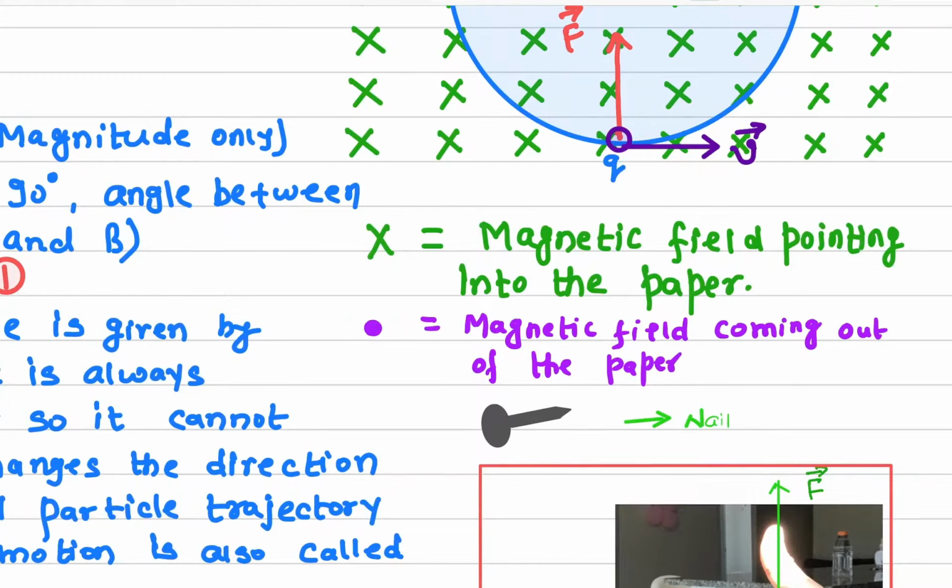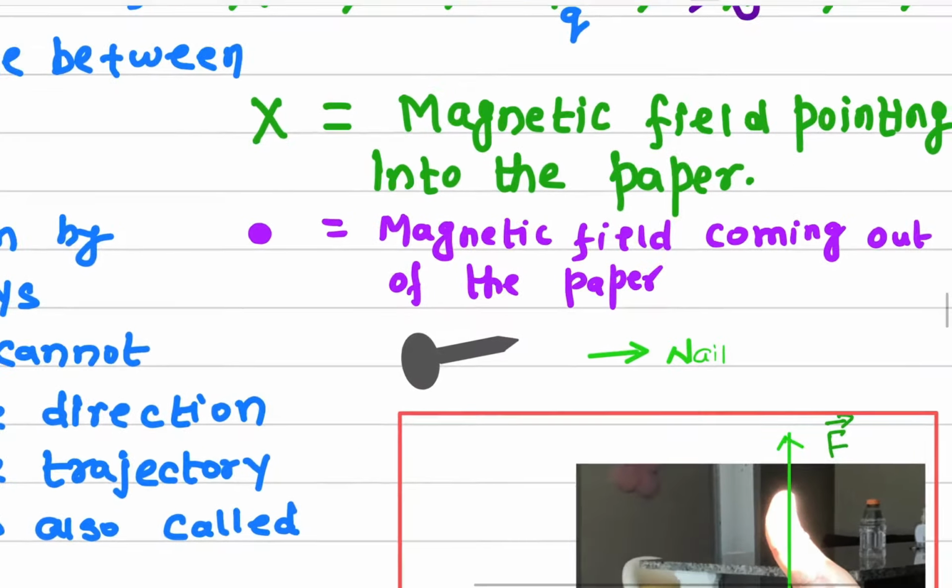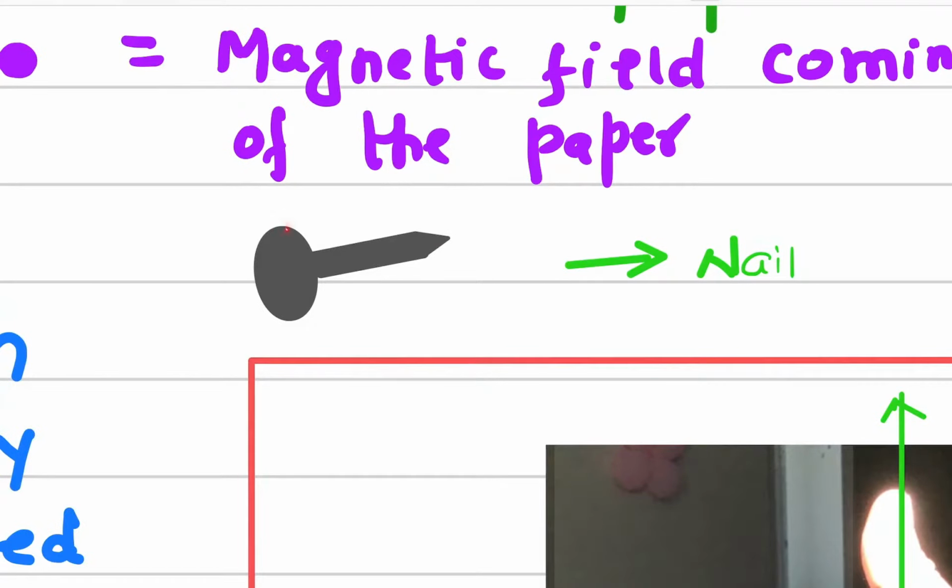You can remember this by a nail. So this is a nail. If you see this side of a nail, that means this nail is going into the wood. We can call this a cross sign. If you see this side, that means it is going into the wood, that means into the paper here. If you see this point side, that means it is coming out of the wood.